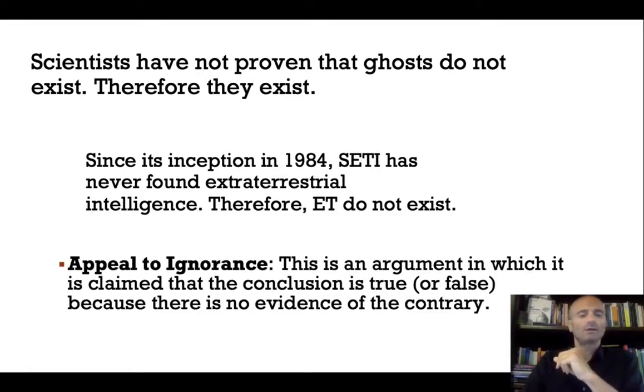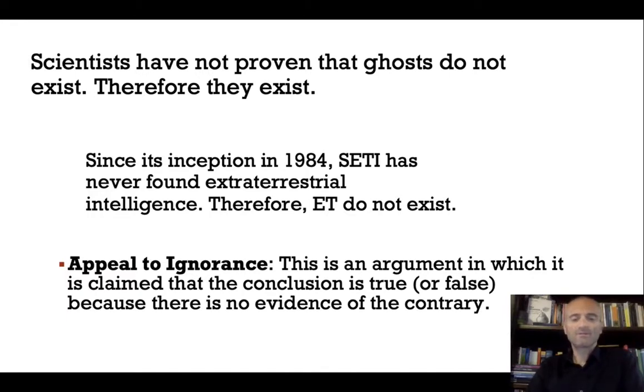Okay, so these kinds of arguments, another example, no one has ever found life on Mars. Therefore, there's no life on Mars. Well, we don't know because we're not there. We haven't searched every single inch of Mars, so we don't know.